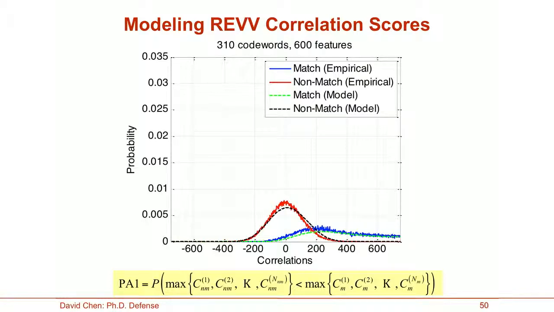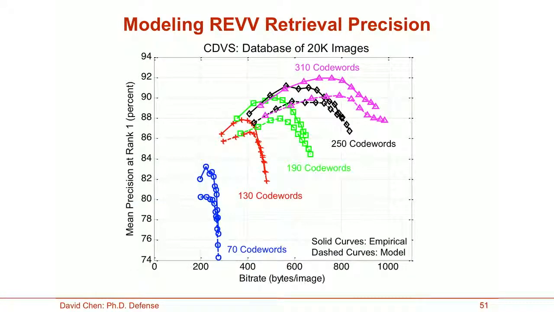Using this mathematical model, we can now predict the REV retrieval precision. Here, we plot the model precision values next to the empirical precision measurements we obtained earlier. We see that our model accurately captures the two important trends.